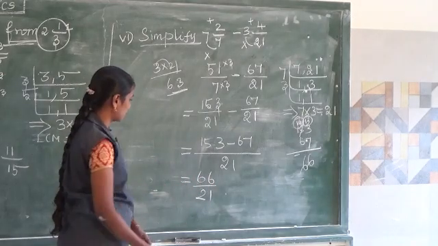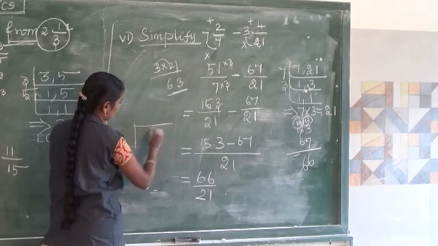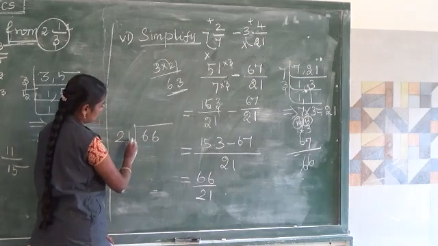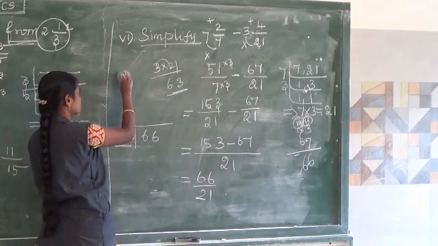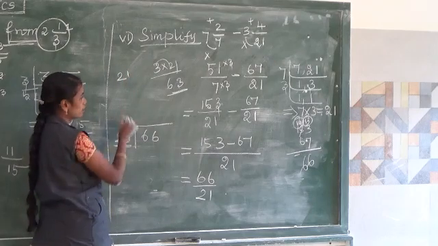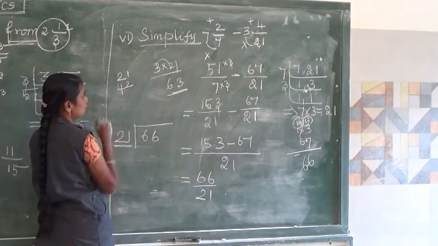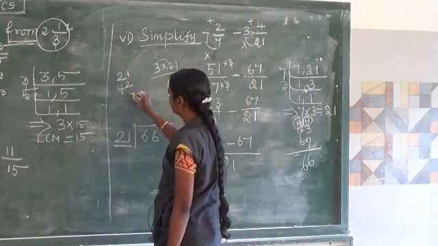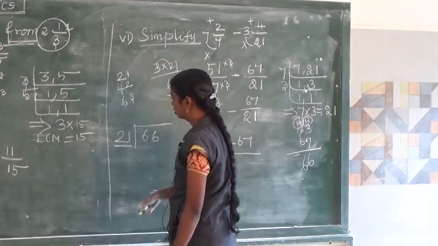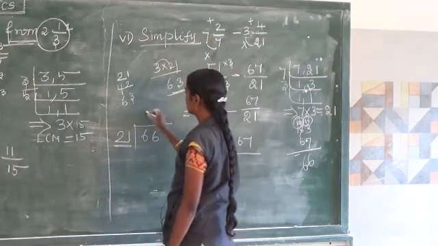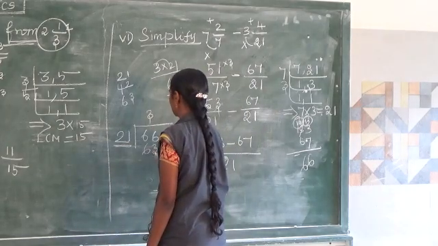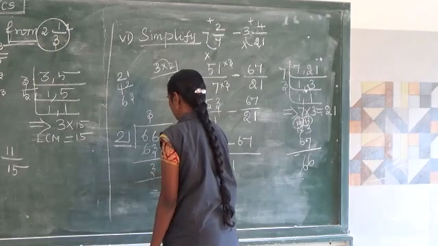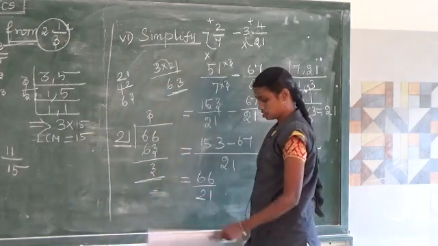It is an improper fraction. Convert into a mixed one. 66 divided by 21, we use the 21 table. 21 ones are 21, 21 twos are 42, 21 threes are 63. 3 times, remainder is 3.